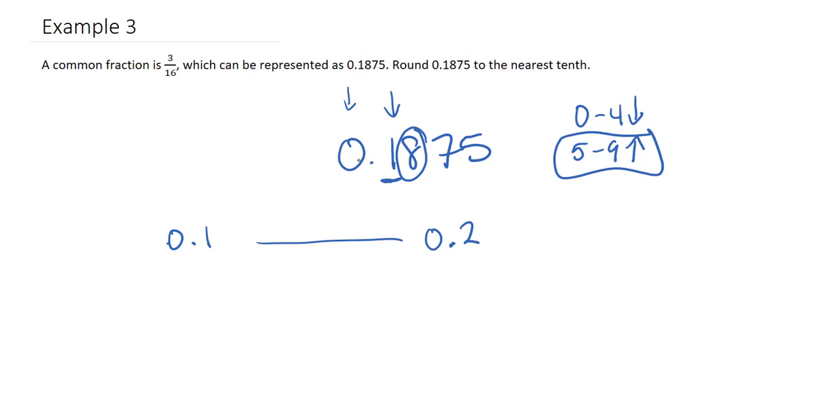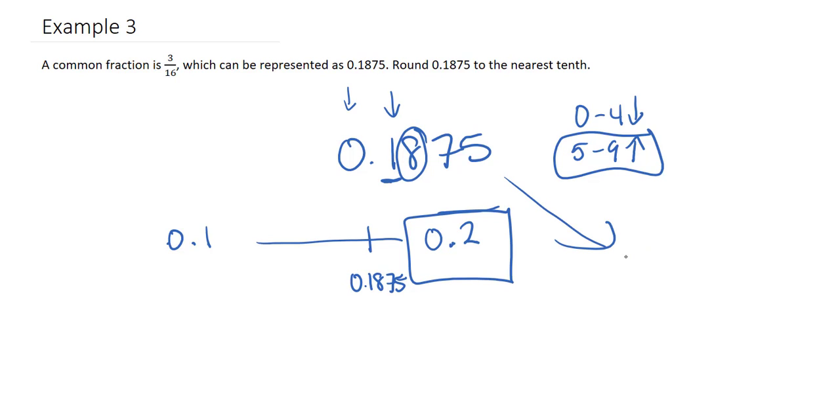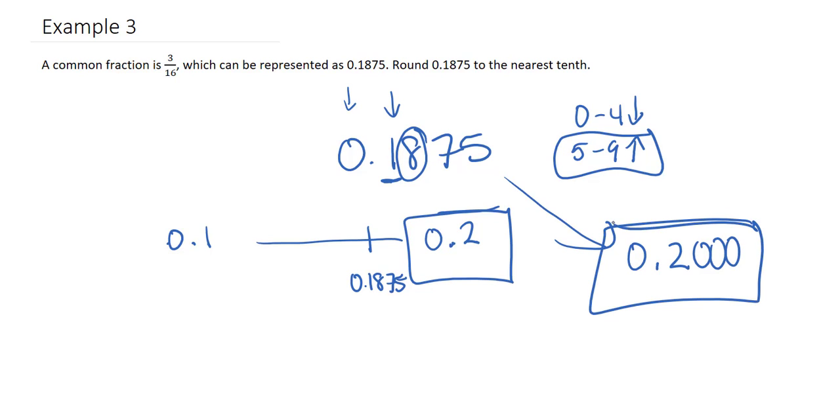Our answer becomes 0.2, and then 0, 0, 0. And now you could write either of these because they mean the same thing.